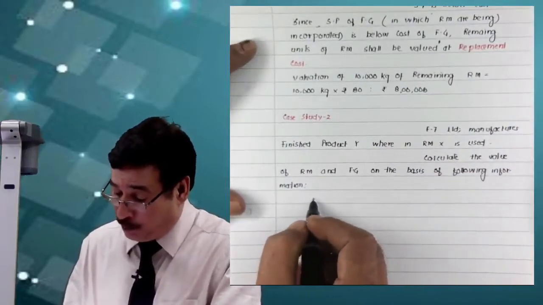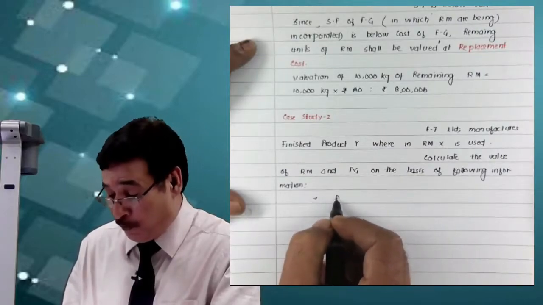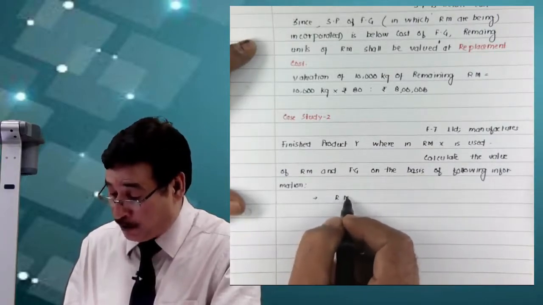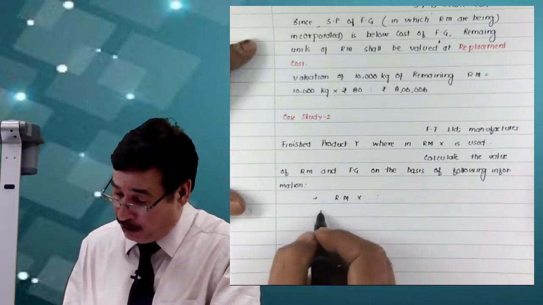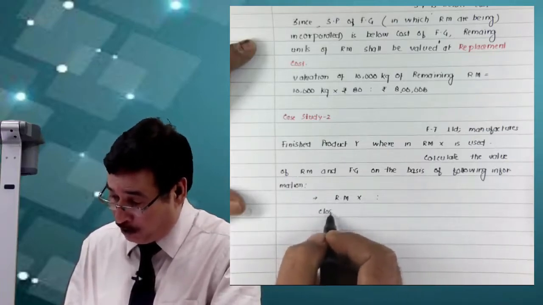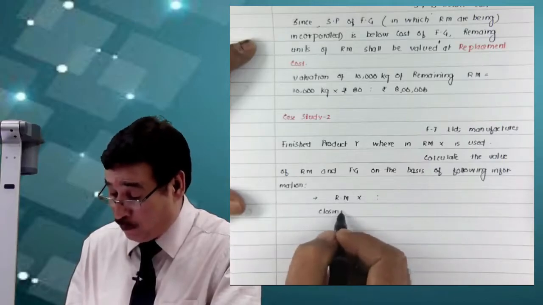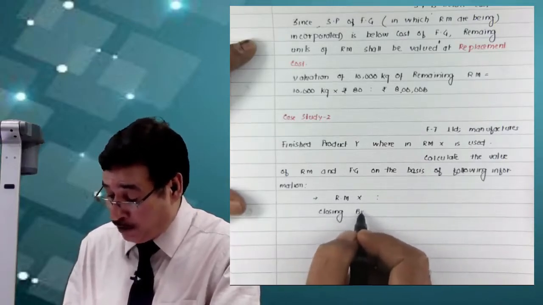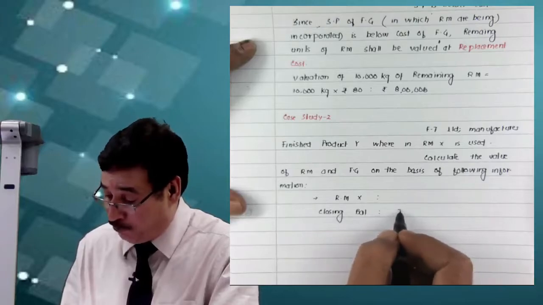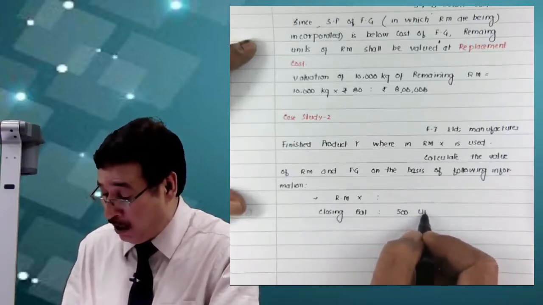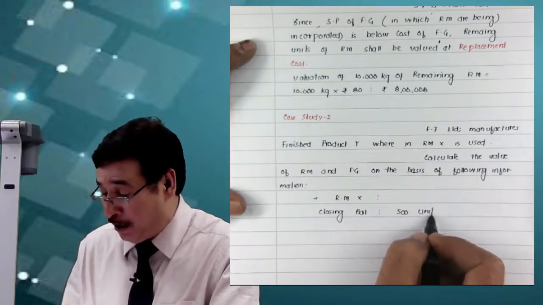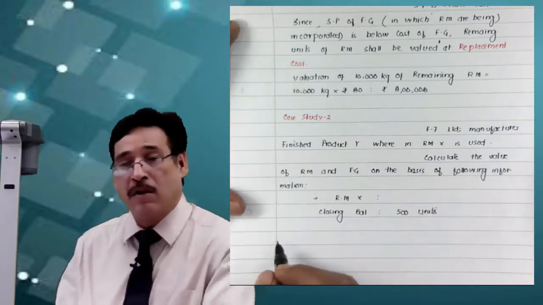That is with respect to raw material X. Some information is given, raw material X. The information is like this, closing balance. So closing balance of raw material X is 500 units. So 500 units of raw material X are in hand at the end of the year, it means, correct?